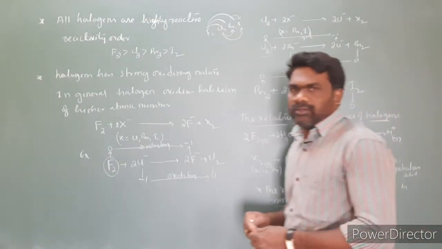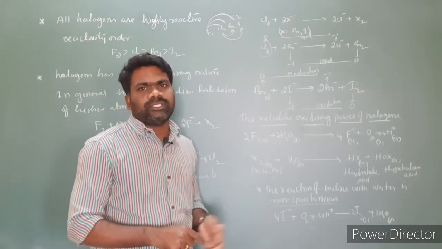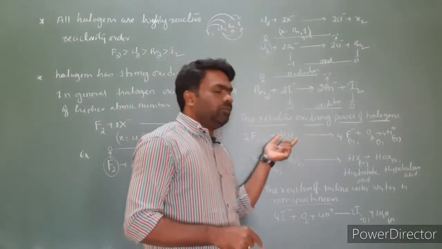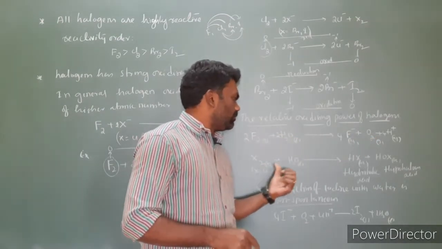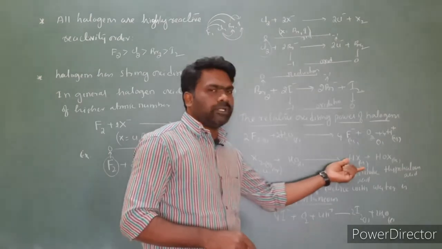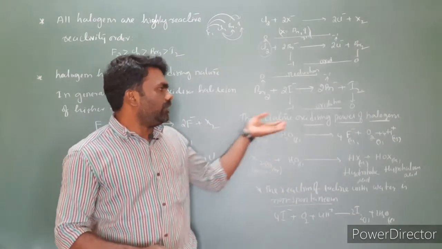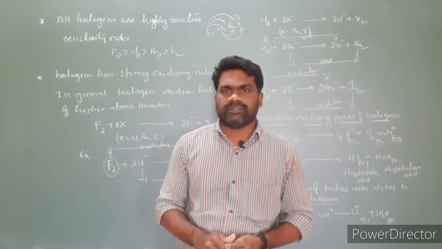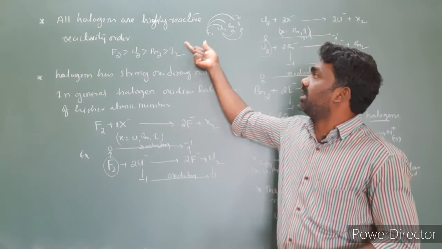Now what we conclude is fluorine is a very strong oxidizing agent. It even oxidizes the water into oxygen, and chlorine and bromine react with water. Iodine reaction is not possible. So this is the relative oxidizing power of halogens. So this is the reactivity of halogens. Halogens are highly reactive.